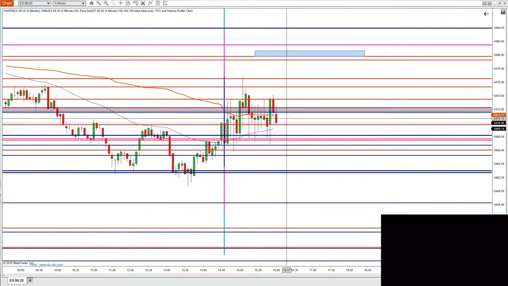Stop loss of the second long trade is hit at 69.75. We still have one contract long.